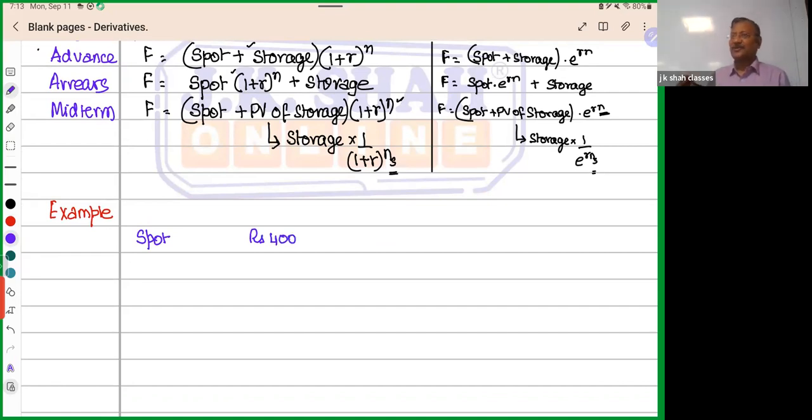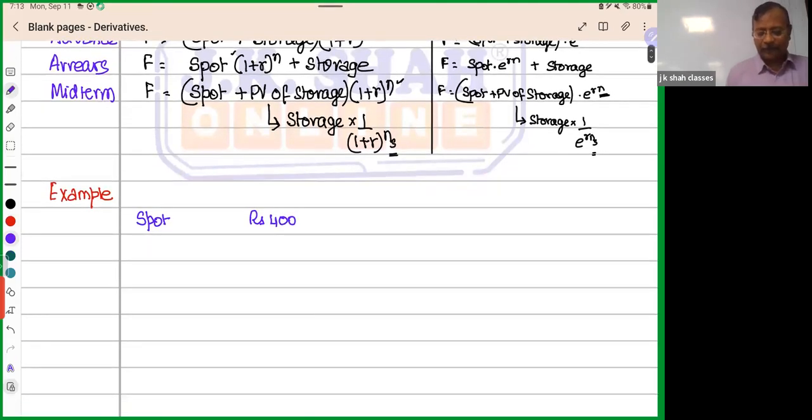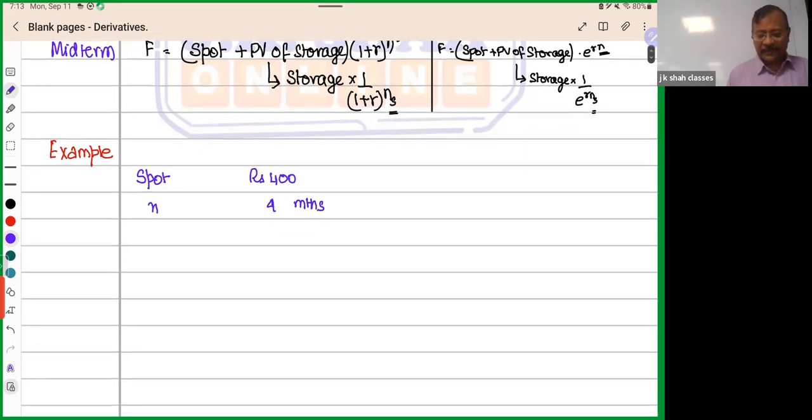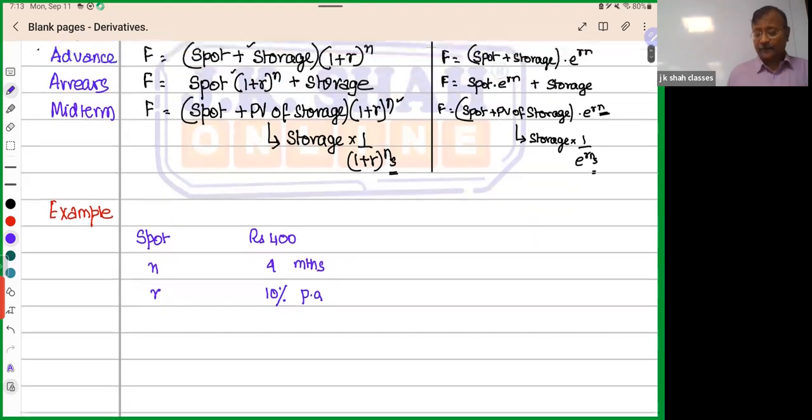That's the spot price of a particular commodity. Okay. And you are trying to forecast the future price for 4 months. So you're trying to forecast the 4-month future price. So that means n is equal to 4 months. And let's say R is 10% per annum.